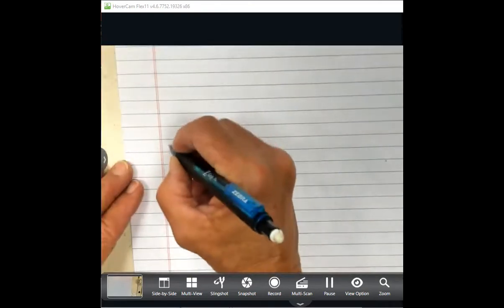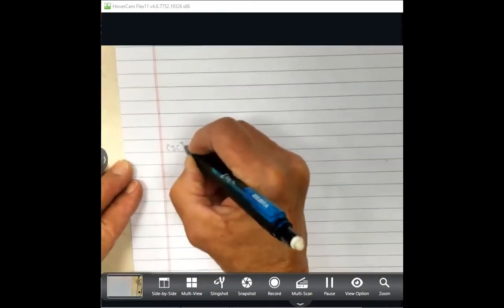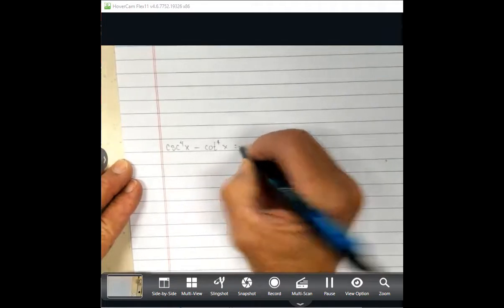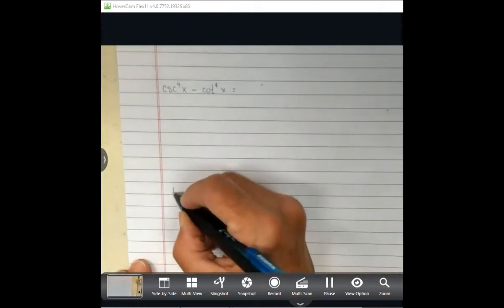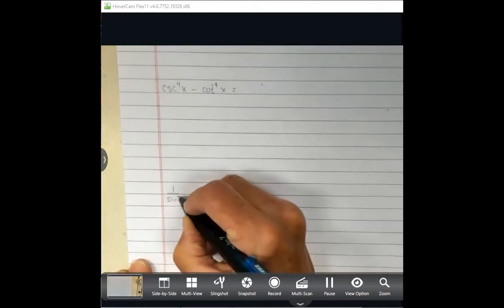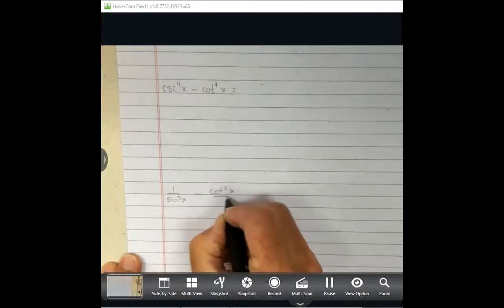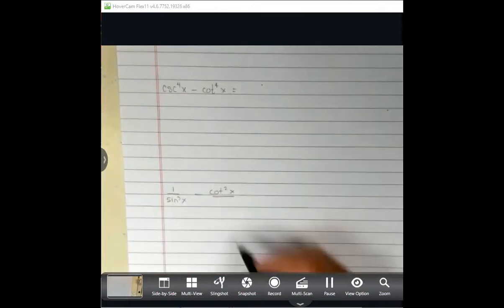I'll leave some space there. The next one is cosecant to the fourth minus the cotangent to the fourth. And then the third part is 1 over sine cubed minus the cotangent squared of x over sine of x.